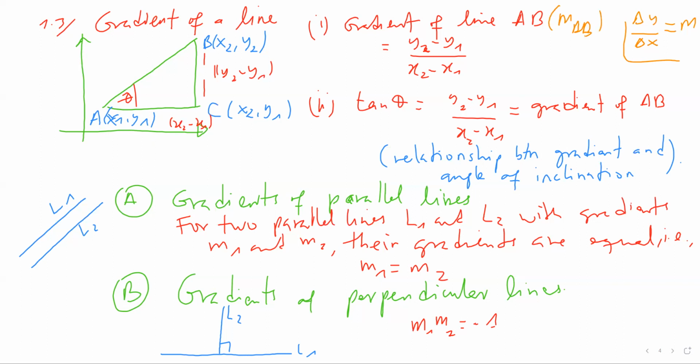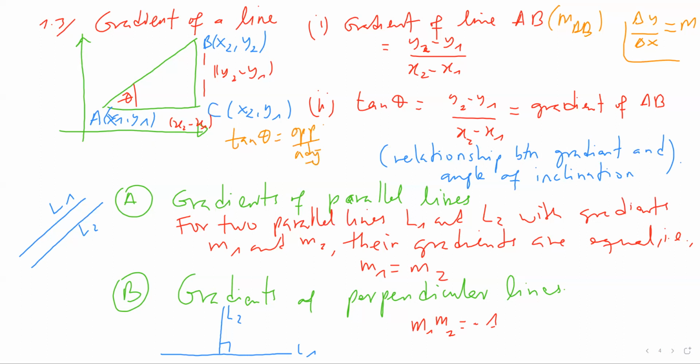Of course, we have a connection of trig identities with the gradient, right? We know from the trig identities that tan theta is nothing but the opposite over the adjacent.